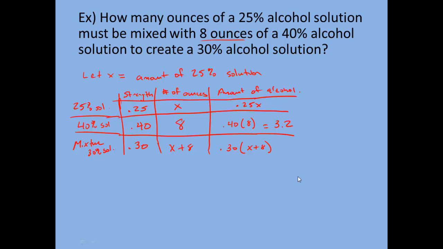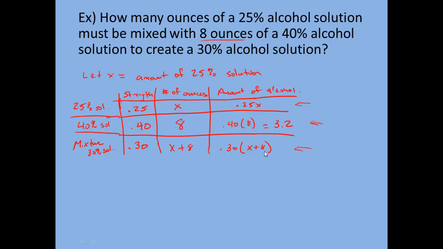Now once we have this, we want to set up an equation. And the equation is going to have to do with the amount of alcohol in the entire solution. What we really want to do is add these: 0.25x plus the 3.2 should be equal to the 0.30 times x plus 8.